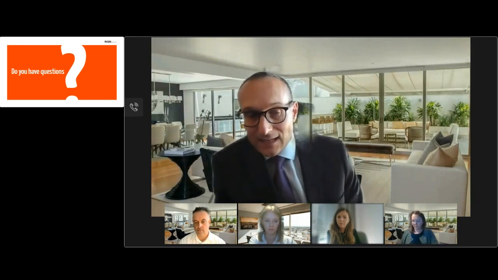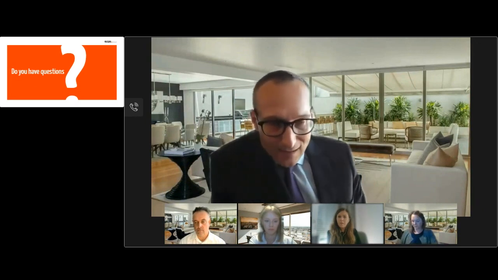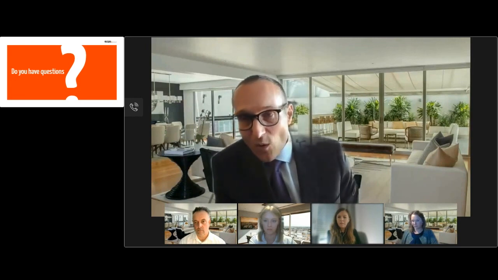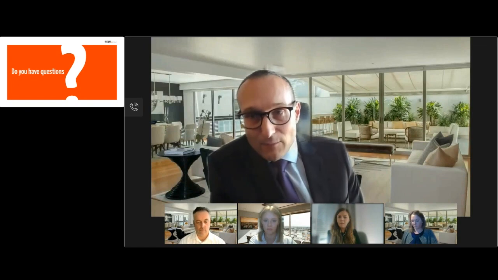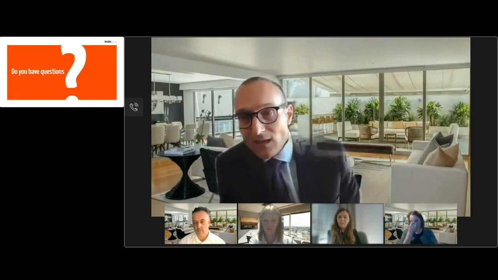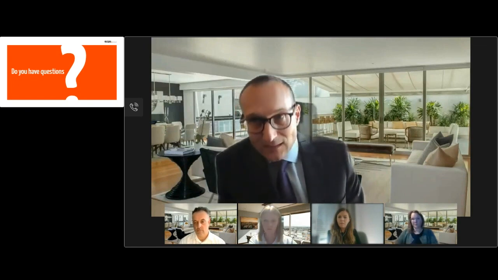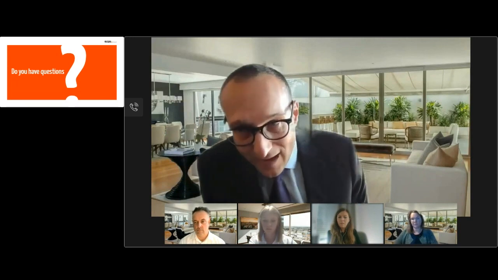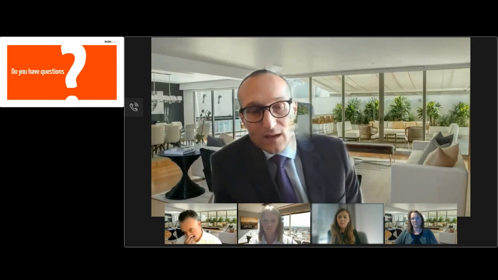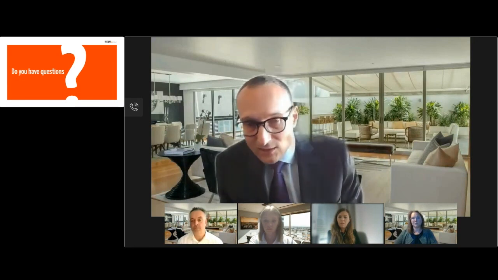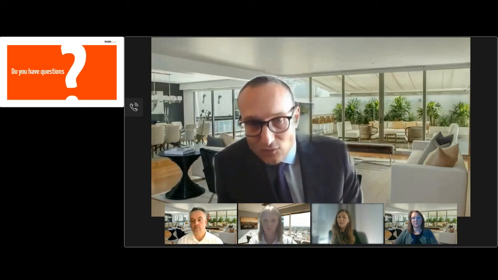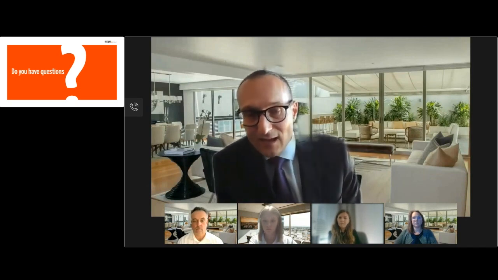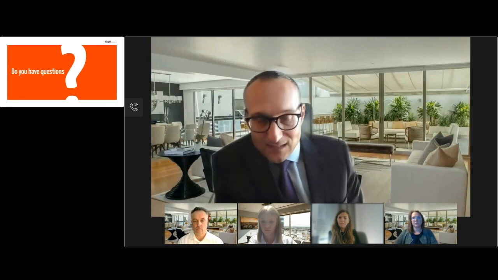You have to look at the directive itself. You cannot read in it whether this is allowed or not allowed. That is a position of the European Commission after the directive came into force. So it's not contained in the European law. The national parliaments are free to implement or transpose the directive as they see fit.